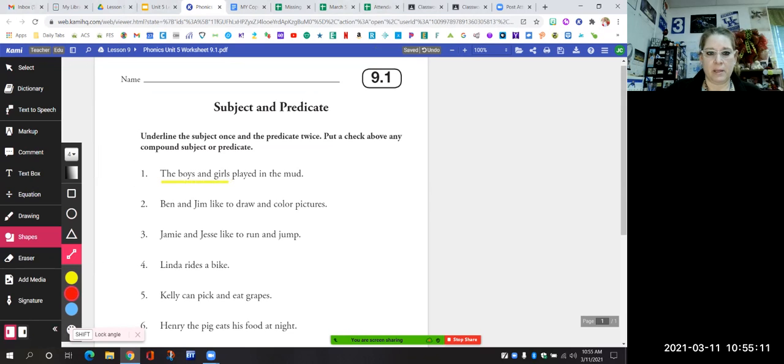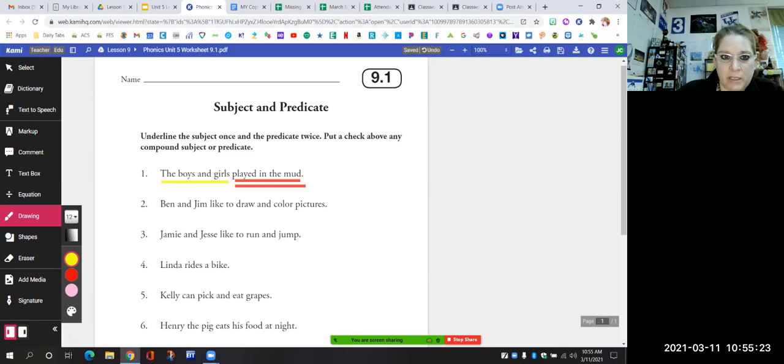They played in the mud. Exactly. Remember, the predicate gets two lines. Okay. But now let's see. Is our subject compound? Does it have more than one person? Yes, it says boys and girls. So we're going to put a check mark there. I probably should make that a little bit smaller, shouldn't I?